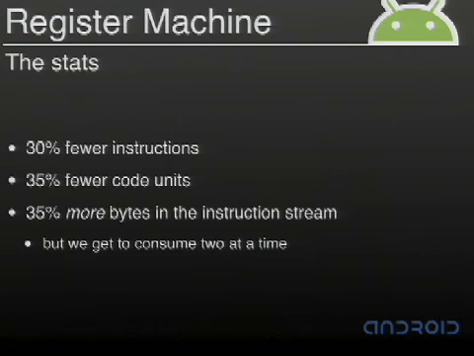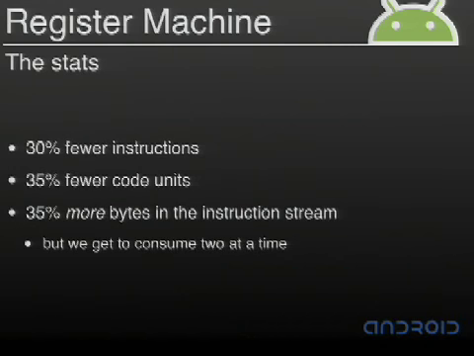So here's a couple statistics. This is just a general expectation of what you can find when you're converting a set of .class files into a DEX file. We have fewer instructions, and we have fewer code units, and I'll talk about that in a second.